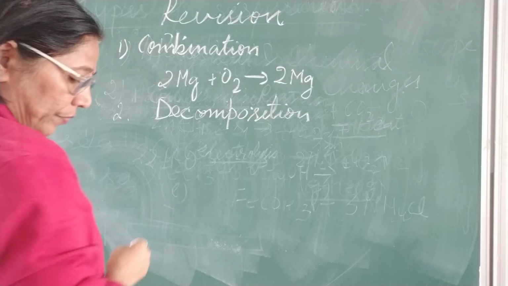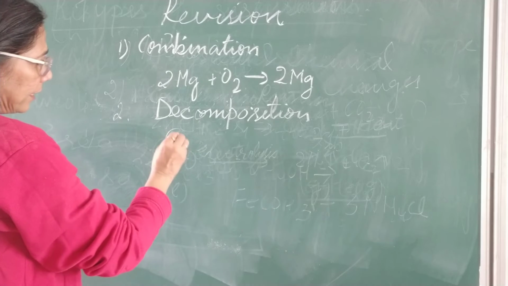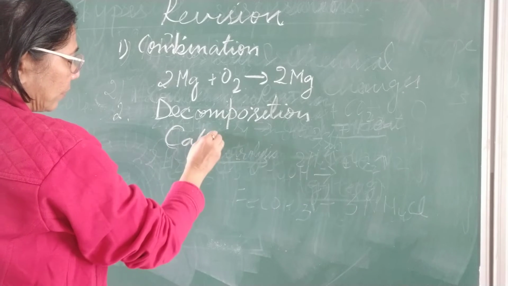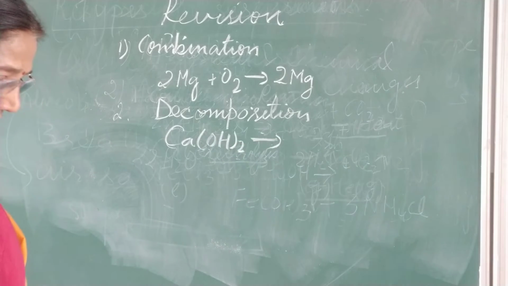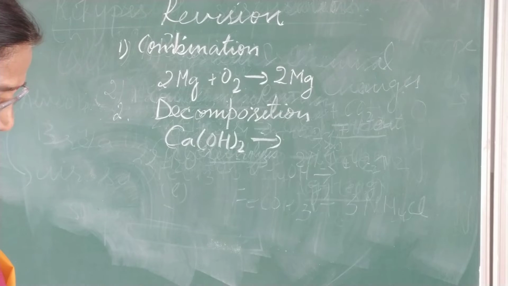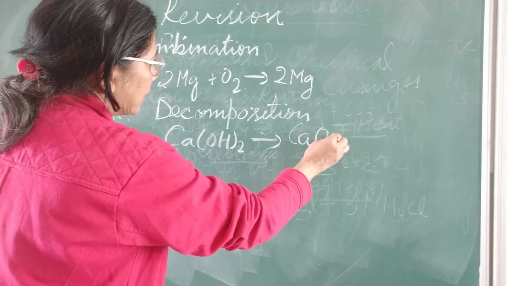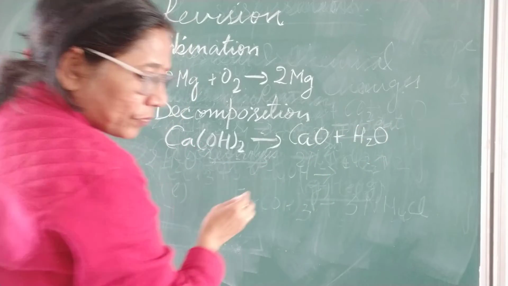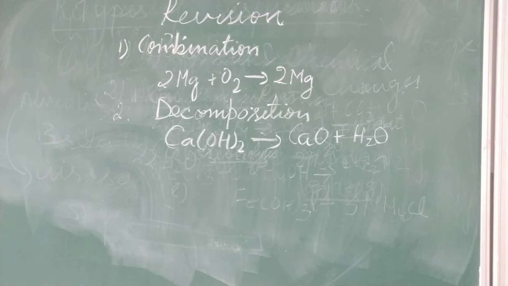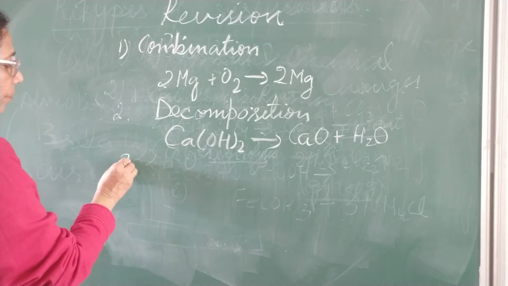Like calcium hydroxide is there, when we heat it, it breaks into calcium oxide and water. So this is decomposition reaction. Now more reactions are there. Next is displacement reaction.